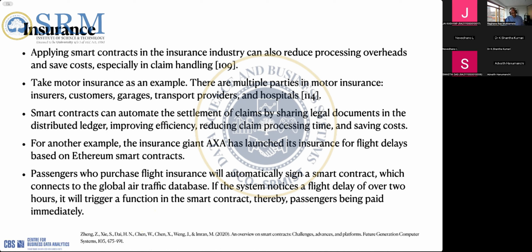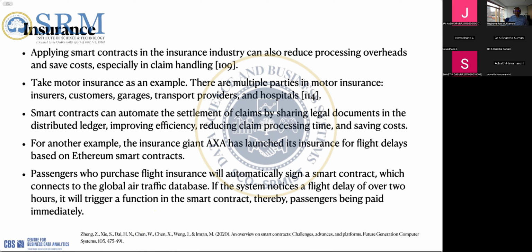You can easily encode that information into a smart contract, and when you invoke it, the smart contract can get information from an external oracle, for example, a database showing the flight timings. That means when the flight took off and when it arrived, and if there is any delay, all this information can be provided by external oracles.